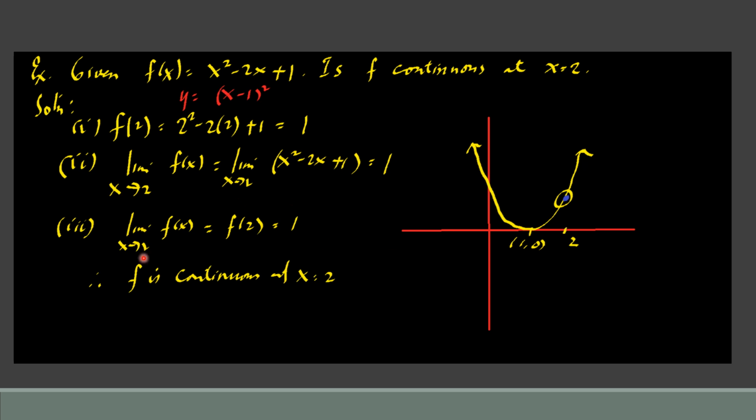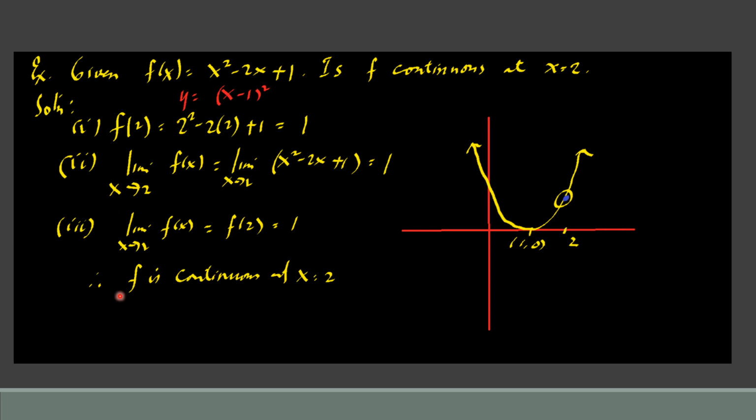Next, we determine the limit of f of x as x approaches 2. So we evaluate the limit of x squared minus 2x plus 1 as x approaches 2. By substitution method, that becomes 2 squared minus 2 times 2 plus 1, equal to 1. So as you have observed, the function value f of 2 and the limit of f as x approaches 2 are equal.